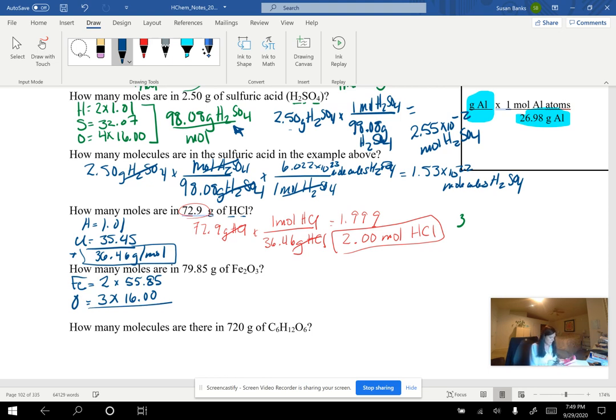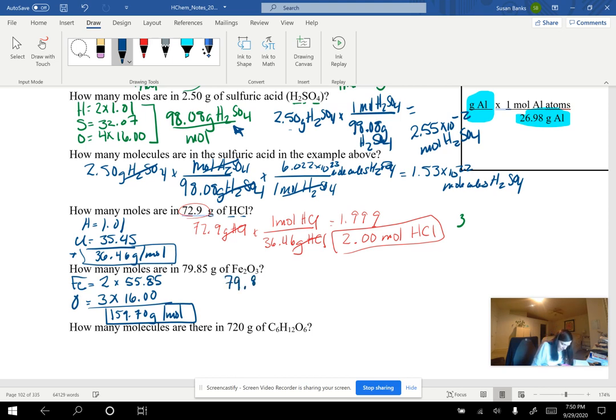So 55.85 times 2 plus 16 times 3 gives me a mass of 159.70 grams per mole. Okay. Now your calculator probably spit out 159.7. Remember, I want molecular masses to go to the hundredth, so that 0 is significant. Okay, so I want to keep it that way.